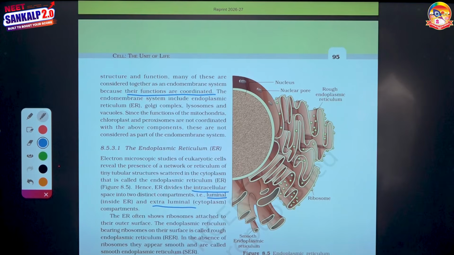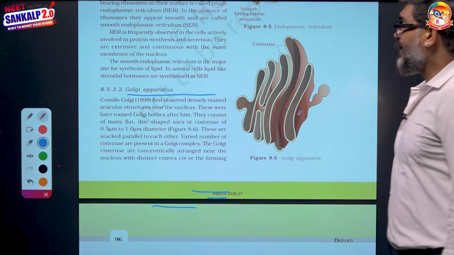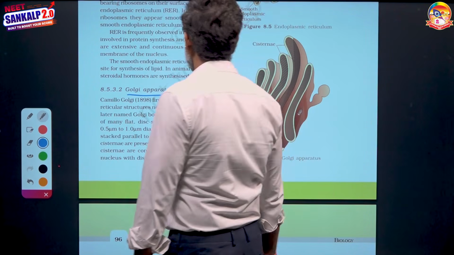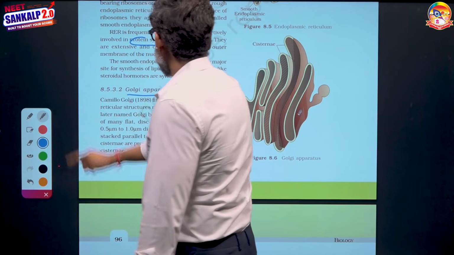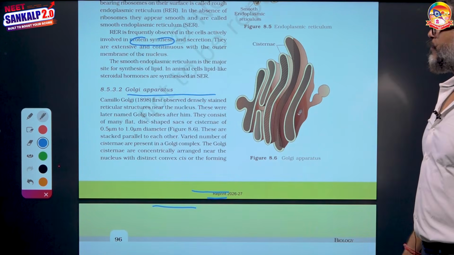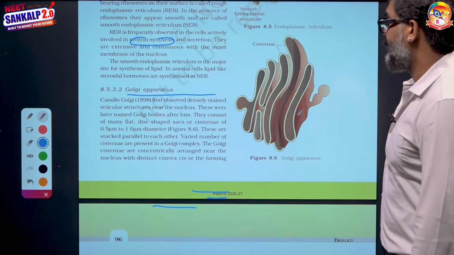In the absence of ribosomes on the endoplasmic reticulum, it is called smooth endoplasmic reticulum. Rough endoplasmic reticulum is frequently observed in cells which are actively involved in protein synthesis. Those cells have which type? Rough.